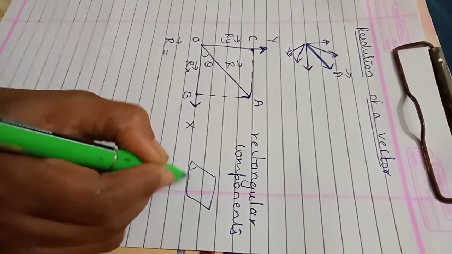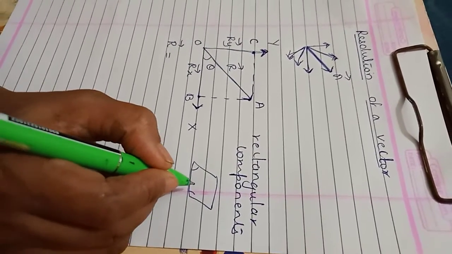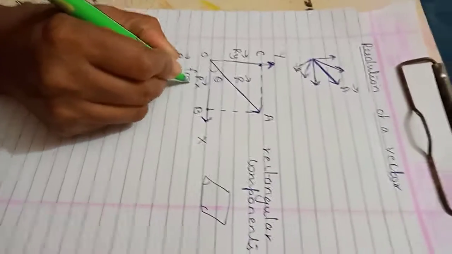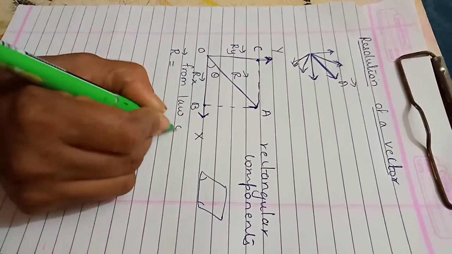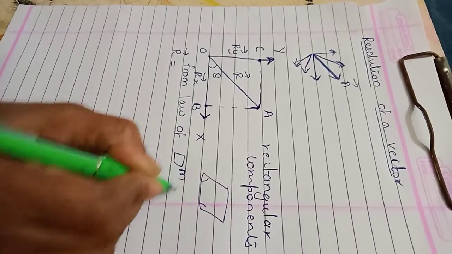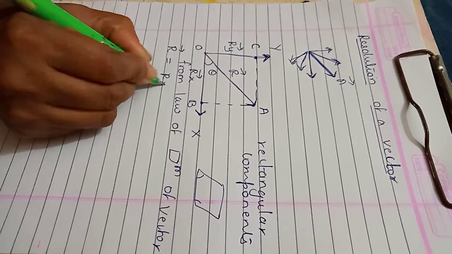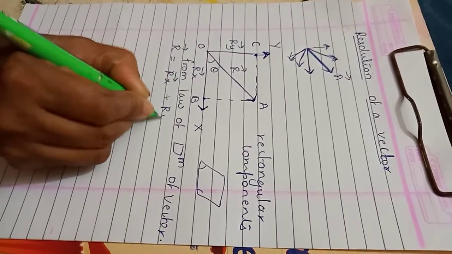Parallelogram, if the angles become 90, then it becomes a rectangle. Students, then from the law of parallelogram of vectors, you are aware that vector R is equal to vector Rx plus vector Ry.